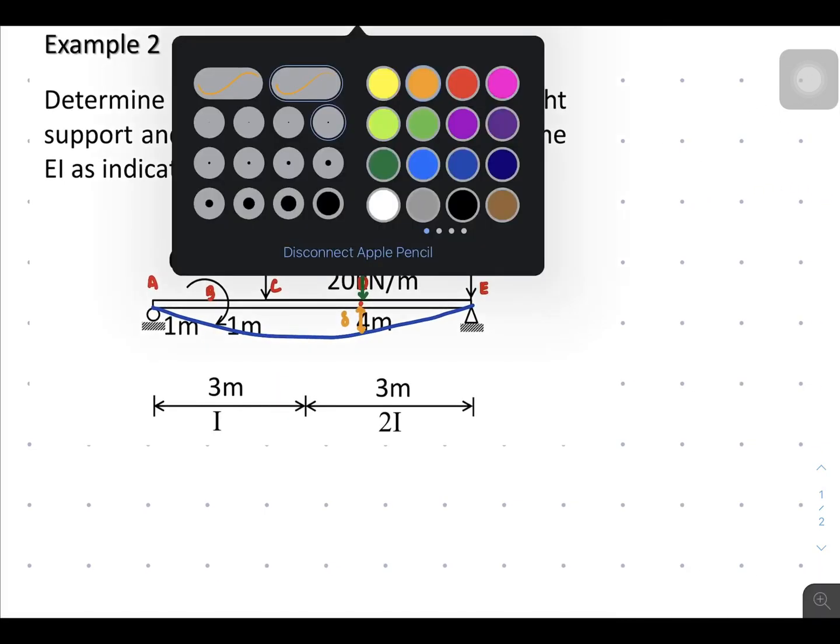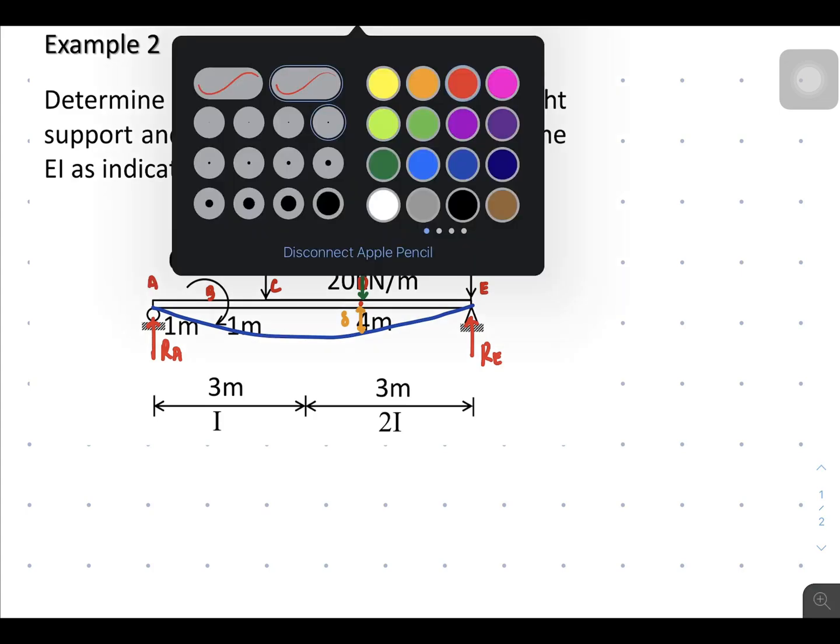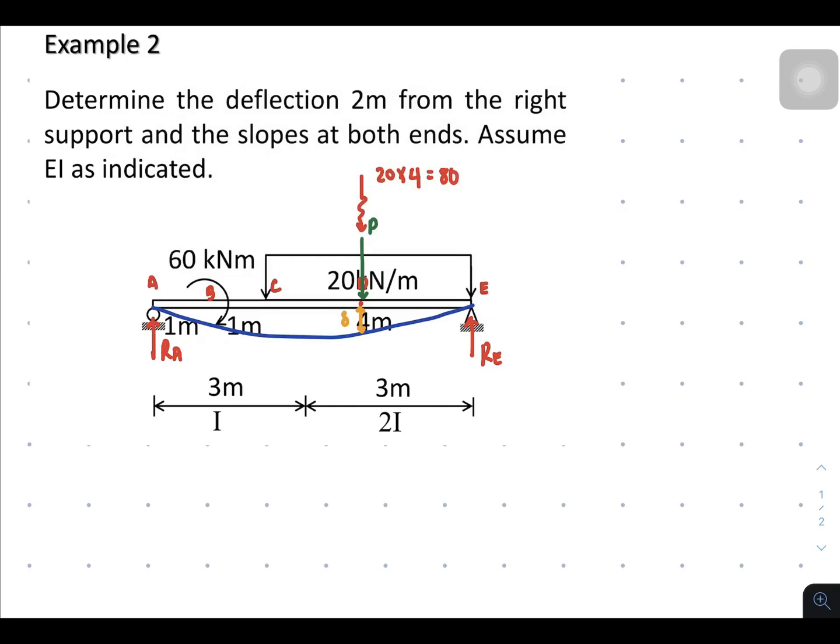So with that, let us solve for the reactions. We have here RA, and here RE. Then of course we have the resultant of this distributed load: it's 20 times 4, this is 80. With that, we can now create the moment equation.